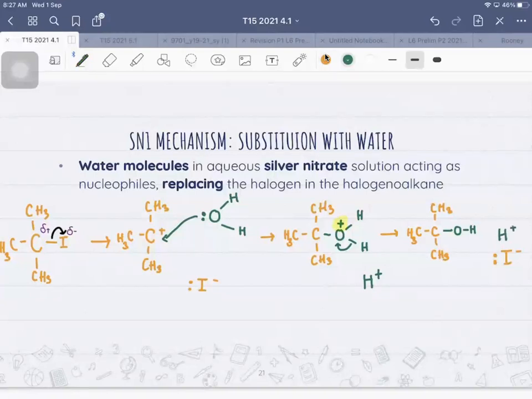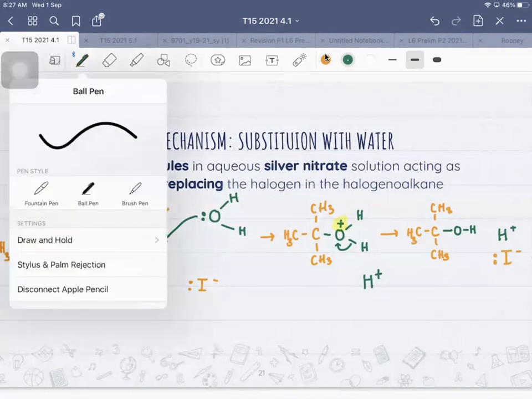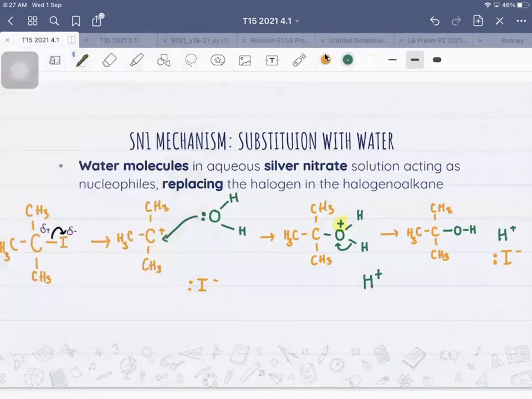So together they combine to become HI. So these two will become HI. All right, so please copy this down.